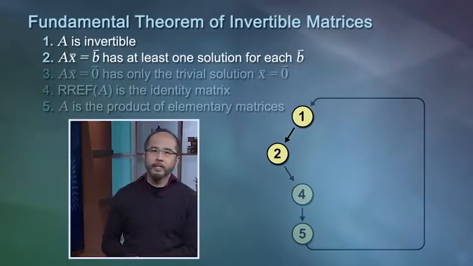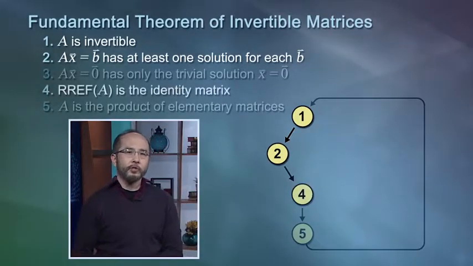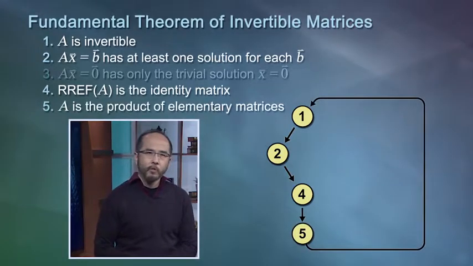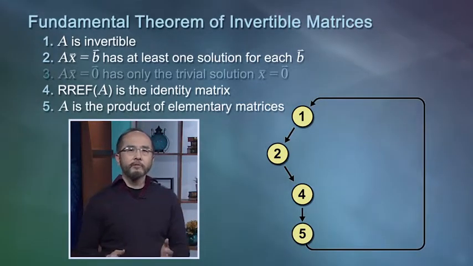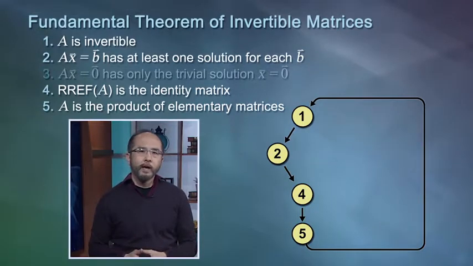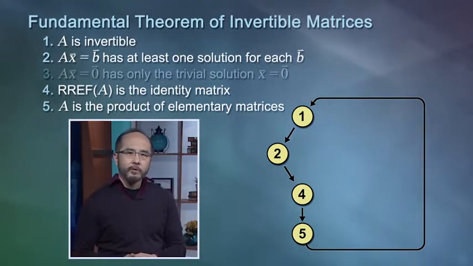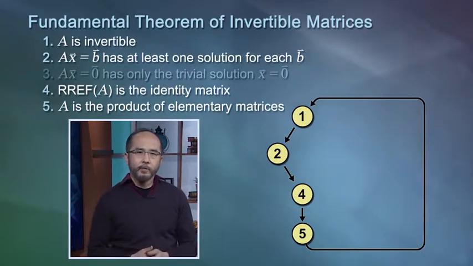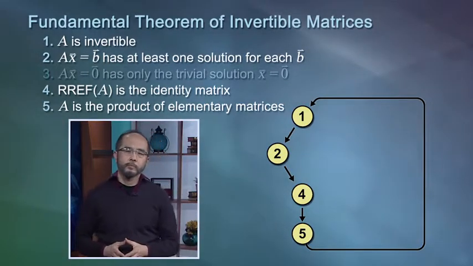So for instance, if we show that statement 1 implies statement 2, that statement 2 implies statement 4, that 4 implies 5 and 5 implies 1, then this will show that each of the statements 1, 2, 4, and 5 are equivalent because there is a chain of implications from any statement to any other statement. So we'll do this first.